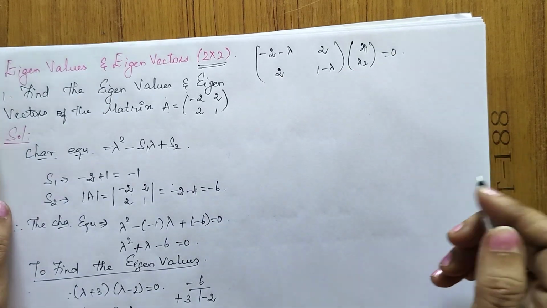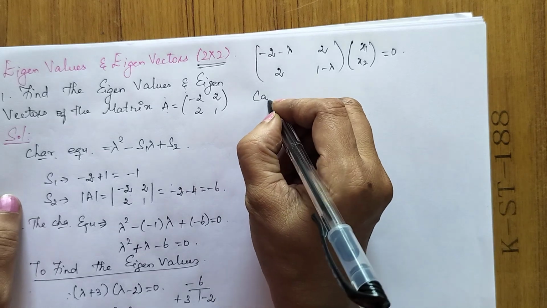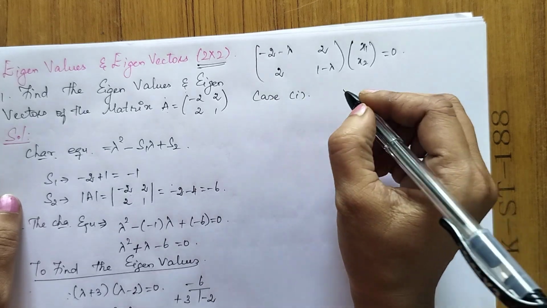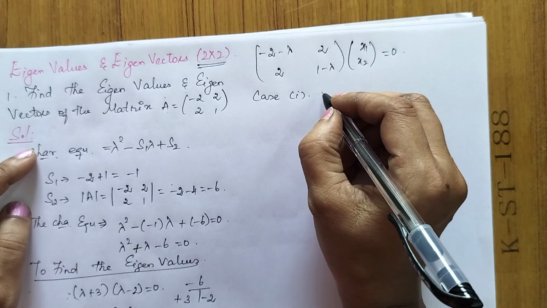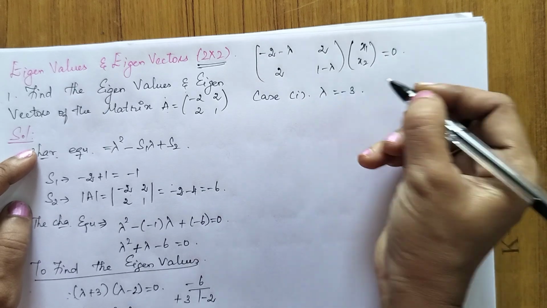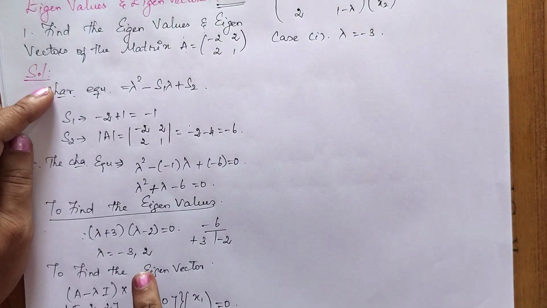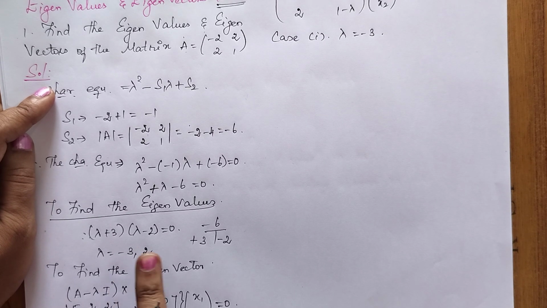Now we find the eigenvector for case 1. For case 1, put lambda equal to minus 3, since the eigenvalues are minus 3, 2.